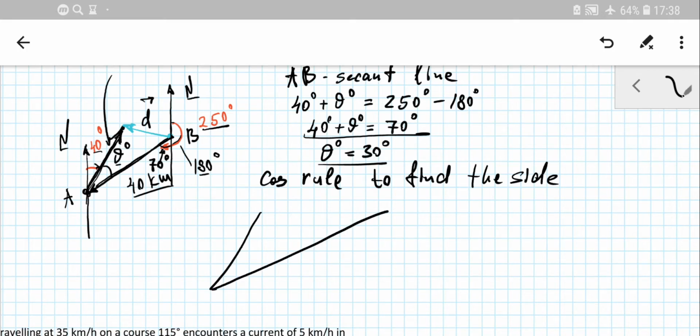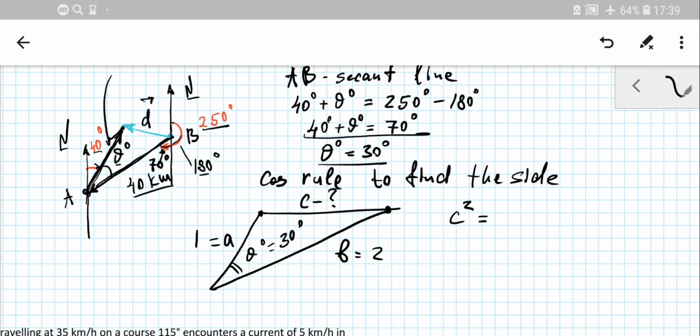So you've got, let's say, two sides A and B, and the angle between them. So the angle is theta. You need to figure out the value for C. Let's say this is 1, this is 2, and theta, let's say 30 degrees. I'll just show you how it works generally, and then we apply it to our case. So we know, according to the rule, just watch out, it's sort of Pythagoras.